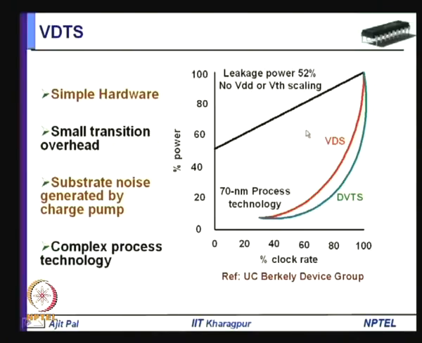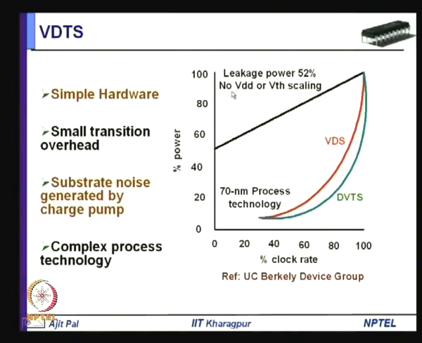And as I have already explained, this plot was done by the device group of UC Berkeley. They assumed this is for a 70 nanometer process technology. In this particular case, it has been found that leakage power is about 52% of the total power.